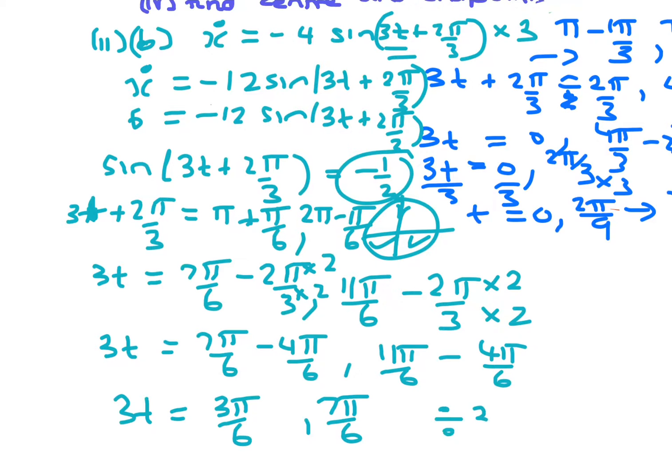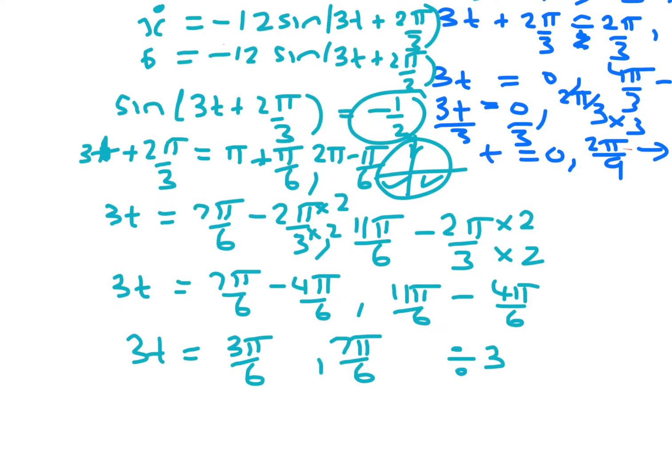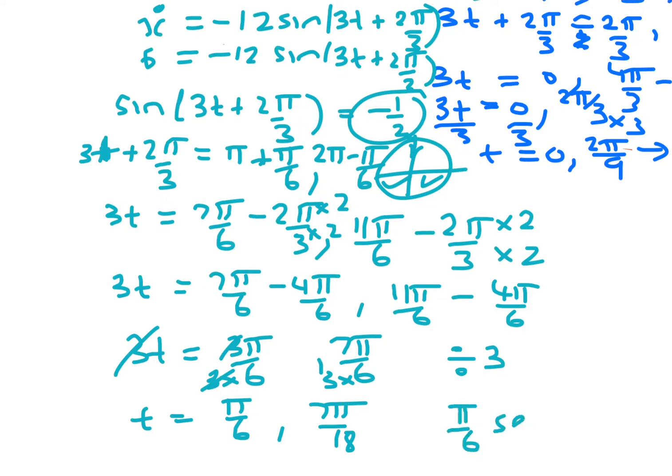And then if you divide everything by 3, the 3s go out, you end up with π/6 and 7π/18. So the first time this would happen would be π/6 seconds.